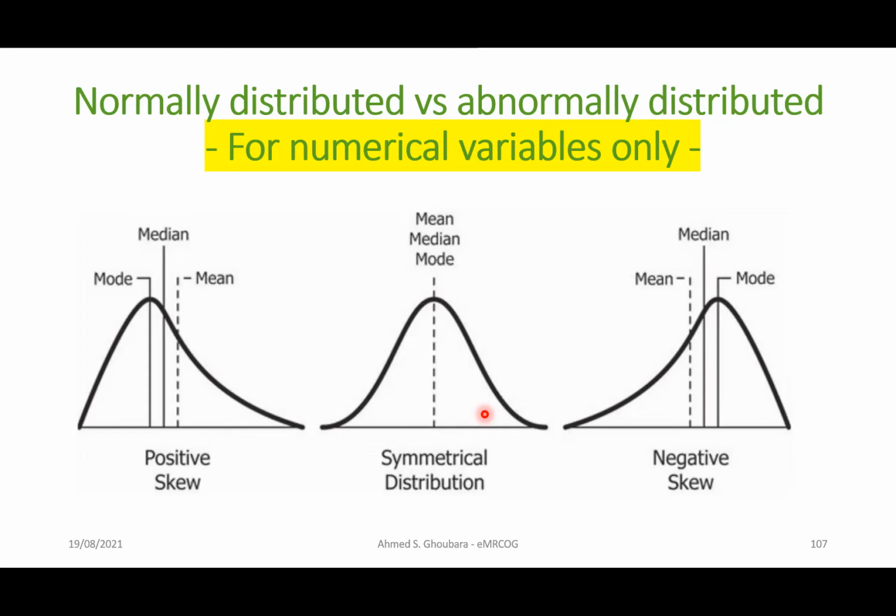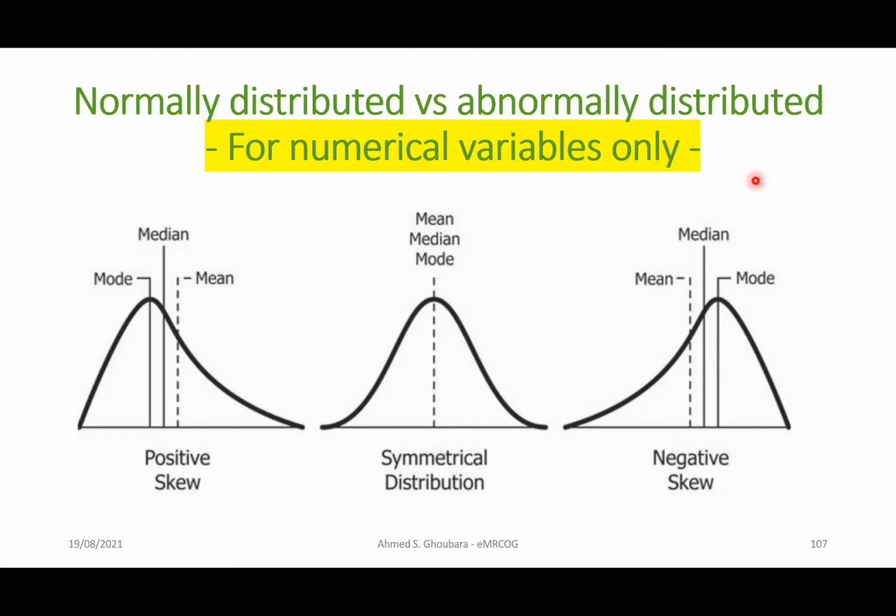Something called the Shapiro-Wilk test, for example, but you don't need to know about those. But this is how we as statisticians know about the distribution of the observations we have. You can use some statistical test, or we can see the picture of the curve in order to see whether they're normally distributed or not.